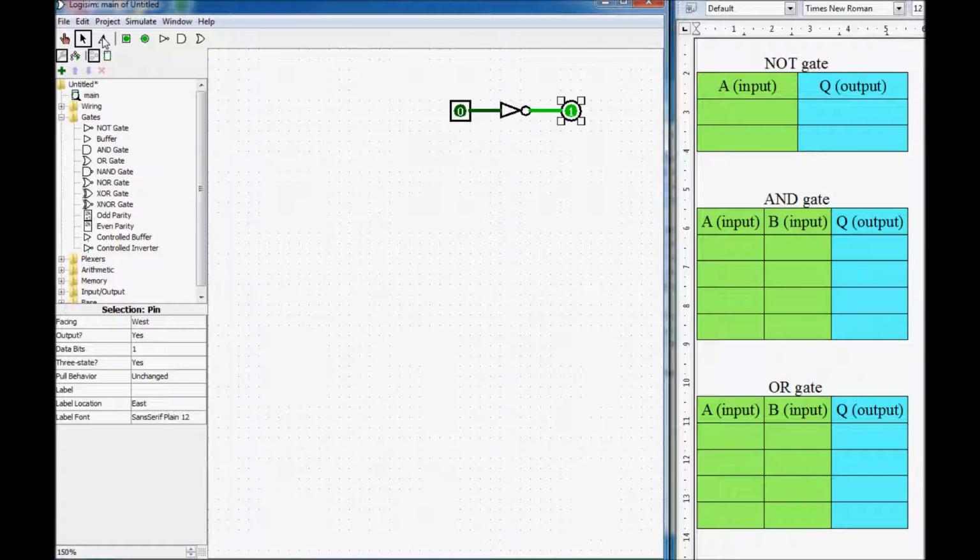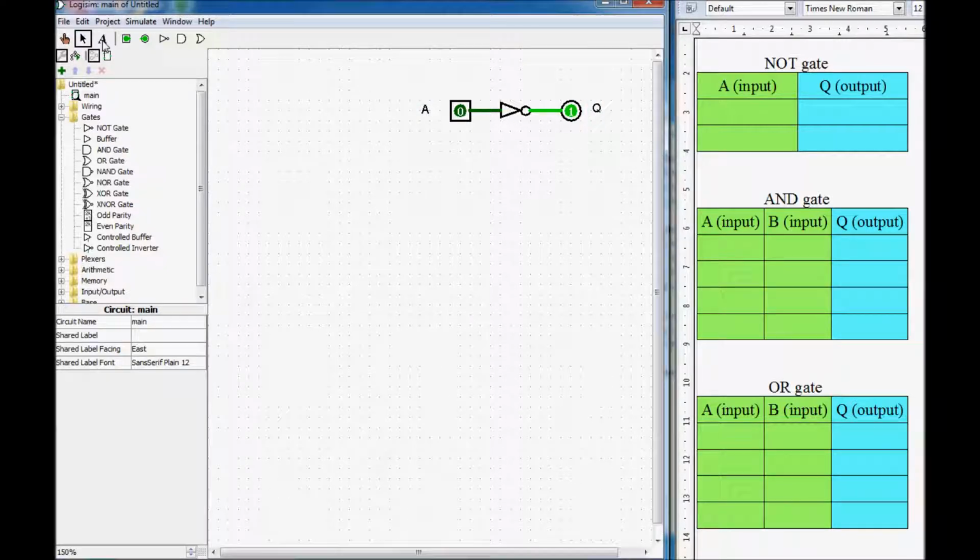And before I do this, I will label our input A and our output Q. Now in this case it will be pretty simple, because we can have only two possible combinations on the input of the NOT gate, and these are the logical 0 level and logical 1 level.